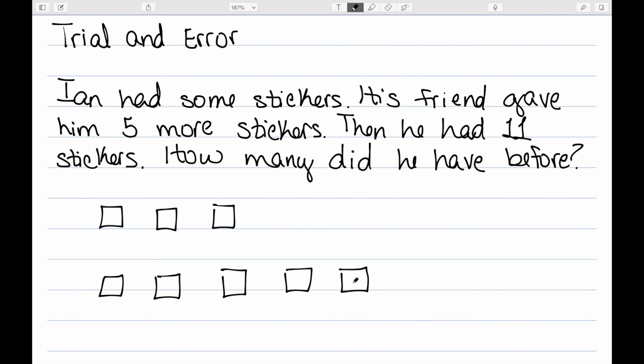They then realize that's not correct. 8 is too low, so they add some more. And try again. 1, 2, 3, 4, 5, 6, 7, 8, 9, 10, 11. So how many did we add? 1, 2, 3, 4, 5, 6. So he had 6 before.